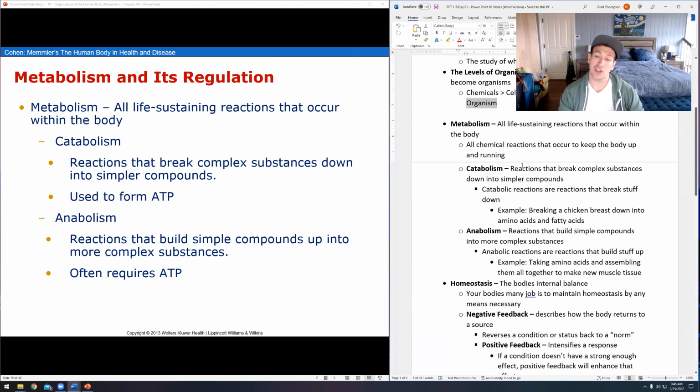We're going to split it down into two major categories. We're either going to have catabolism, which are catabolic reactions, the part of your metabolism that breaks stuff down. Like, I had my coffee just a minute ago, with cream and sugar.